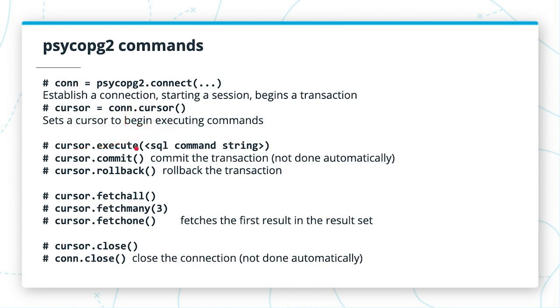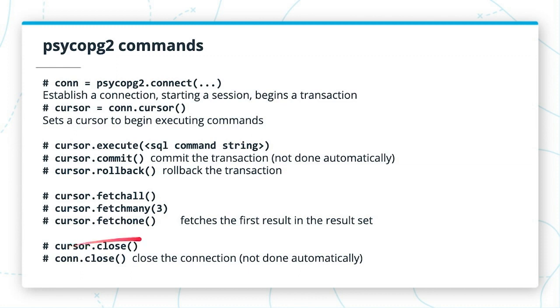We can execute those commands and pass in SQL strings, whether that's a plain string or using string composition. Then we can commit those transactions, which are not done automatically for us, and we can optionally roll them back as well. We can fetch the results of any executed SQL statement that was passed prior to fetching them using fetch all, fetch many, and fetch one.